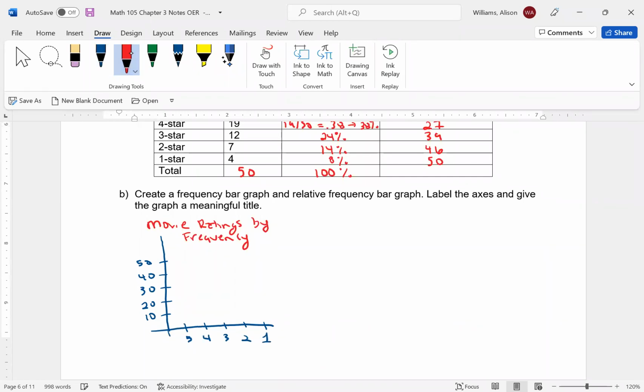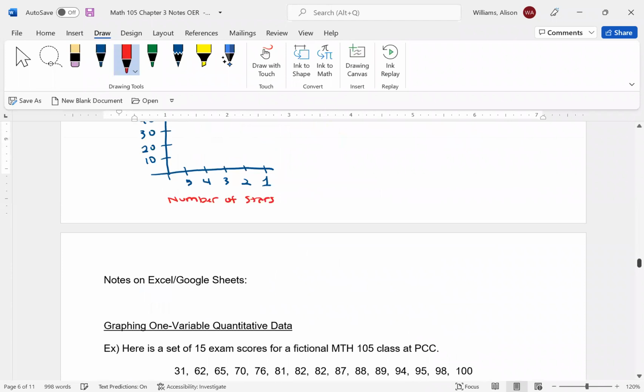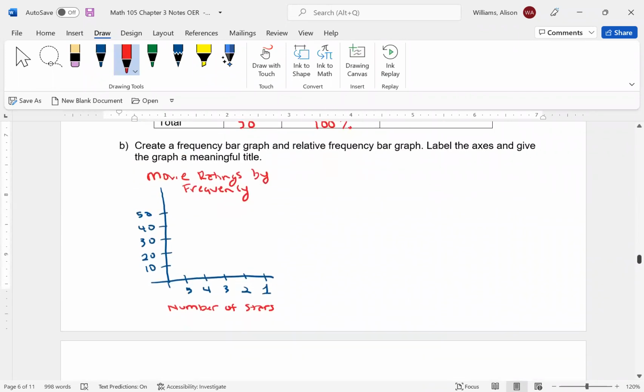And I'm going to label the axes. So this axis is number of stars. And then this axis is the frequency. Oops. Sorry, the computer always has trouble with me trying to write on the side as I'm reaching across. I apologize for it being a little sloppy. It's kind of hard for me to write that way.